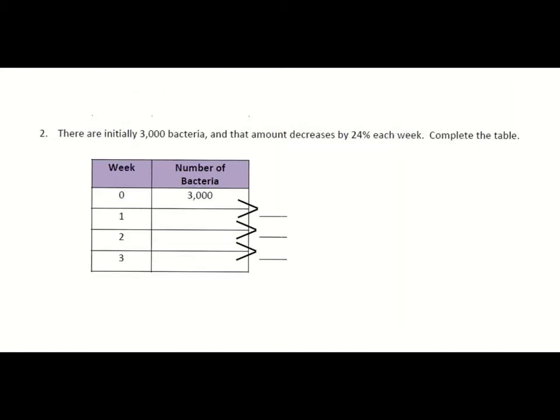Okay. Initially, there are 3,000 bacteria. That amount decreases by 24% each week. So if you're decreasing by 24%, we're starting off with 100% and you're subtracting 24%. So if I do 100 minus 24, that means you've got 76% remaining each week.